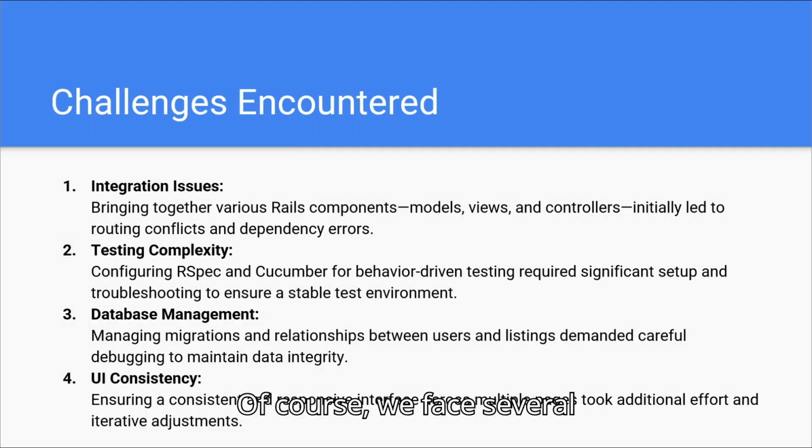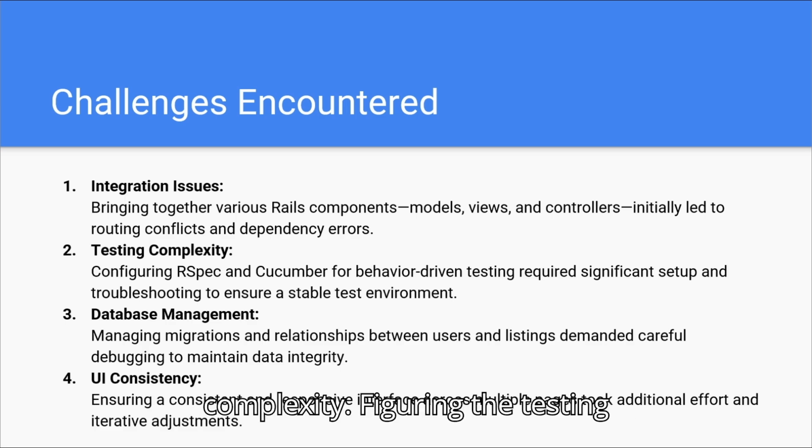Of course, we faced several challenges during development. First, integration issues. Bringing all the Rails components, including models, views, and controllers together initially led to routing conflicts and dependency errors. Second, testing complexity.